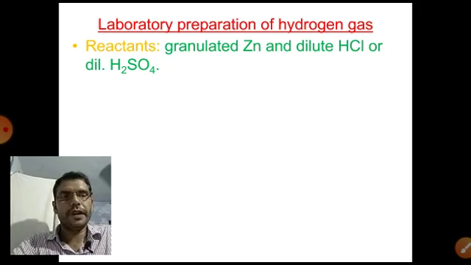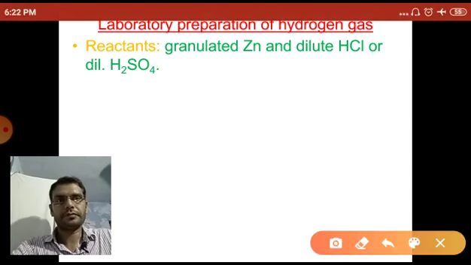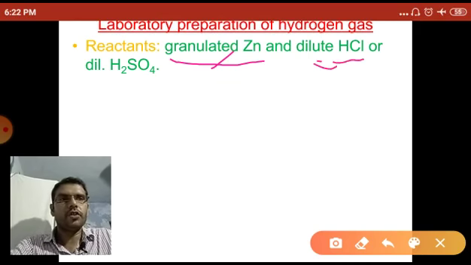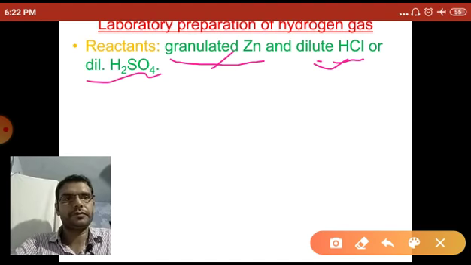The reactants required for the preparation of hydrogen gas in the laboratory are the granulated zinc, not the pure zinc but the granulated zinc, and dilute hydrochloric acid or dilute sulfuric acid, any one.